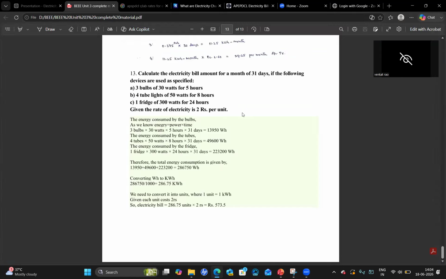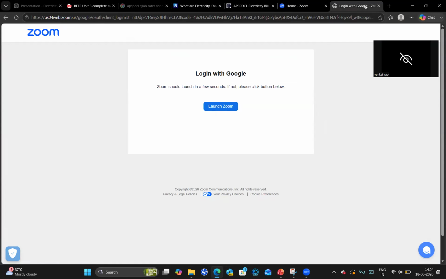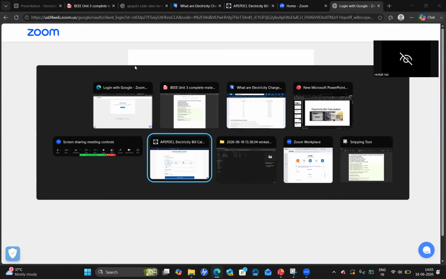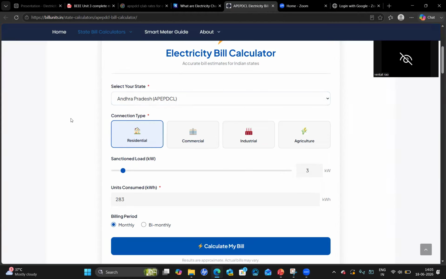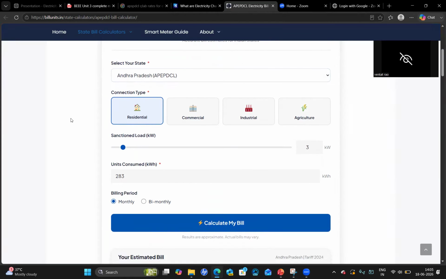And also let us observe, there are websites also to calculate electricity bill. For example, APEPDCL from Andhra Pradesh.